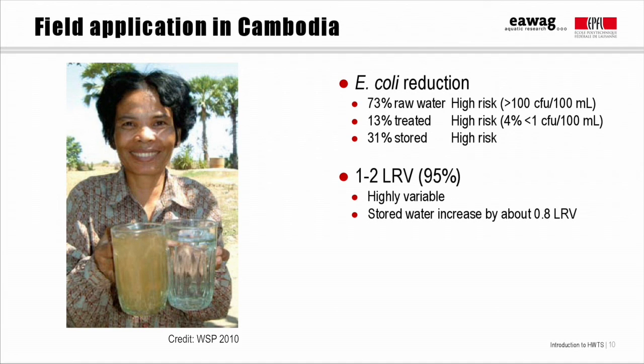So the sample you collect is not exactly the same water that you just poured into the filter. And again, stored water did increase E. coli levels by about 0.8 LRV. The filters did significantly reduce the turbidity of the raw water by about 80%.